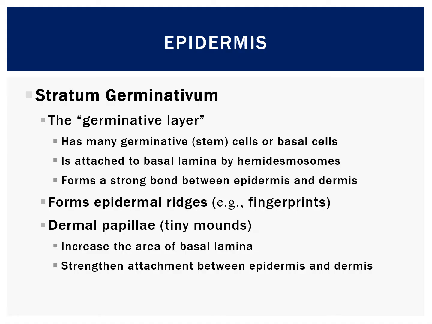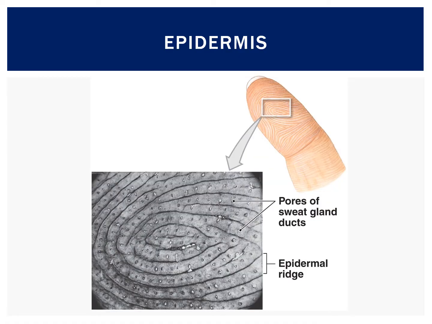The stratum germinativum is important to form the epidermal ridges. For your information, fingerprints are the pattern of the epidermal ridges on your fingers. Here is the zoomed image of fingerprints that come from the epidermal ridges.